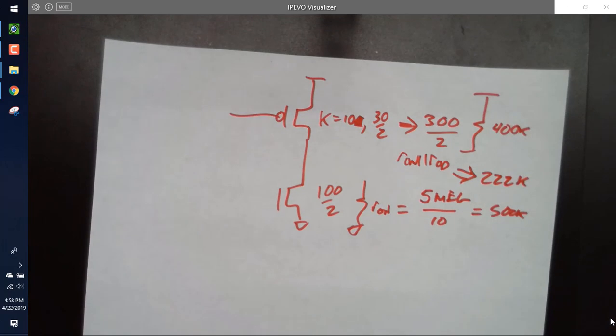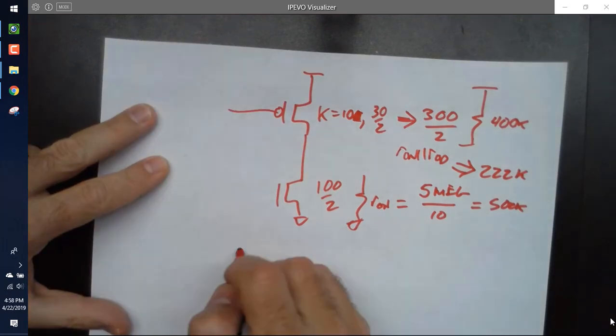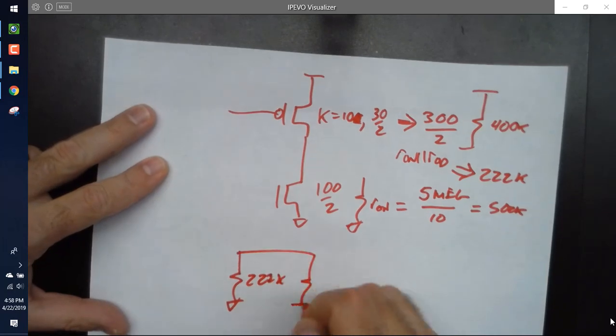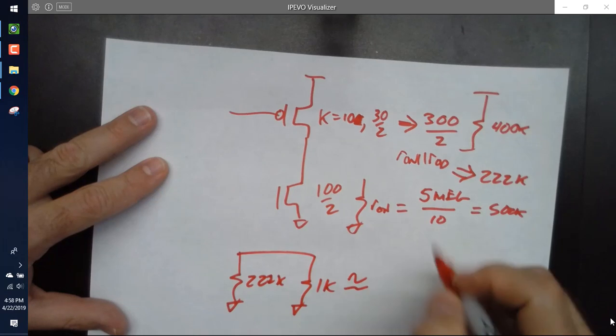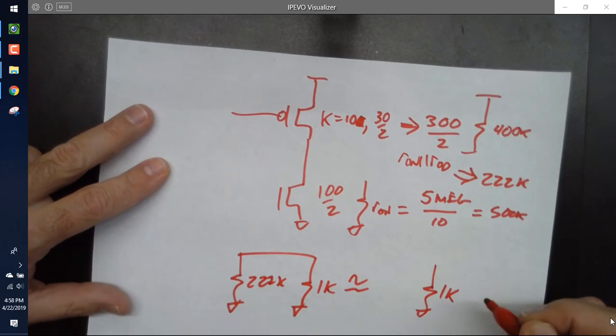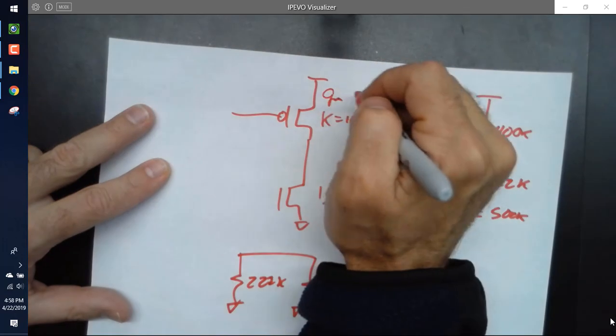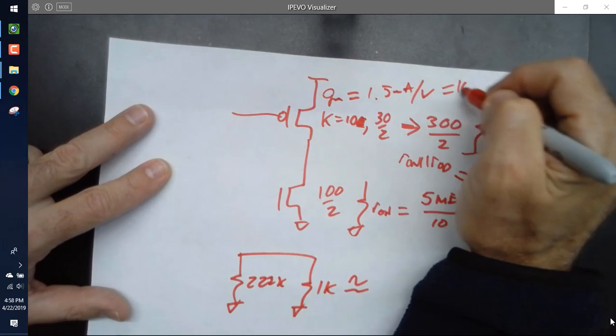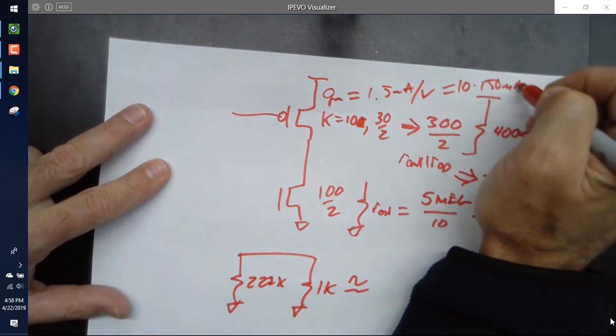Everybody follow? Now, if you have to drive a 1K load, is that going to be enough of an increase in the W? Let's find out. So if I have this resistor of 222K, and I shunt it with a 1K resistor, that's approximately 1K. And the gain of the output, these gms now would go to 1.5 milliamps per volt, or 10 times 150 micro.